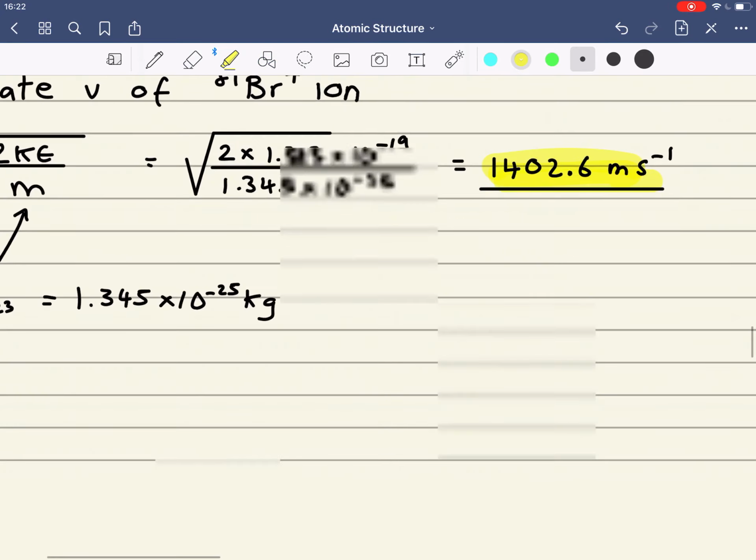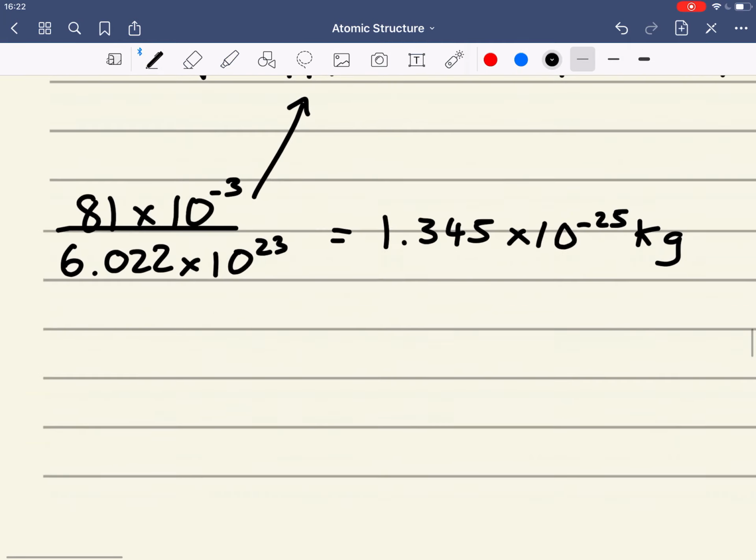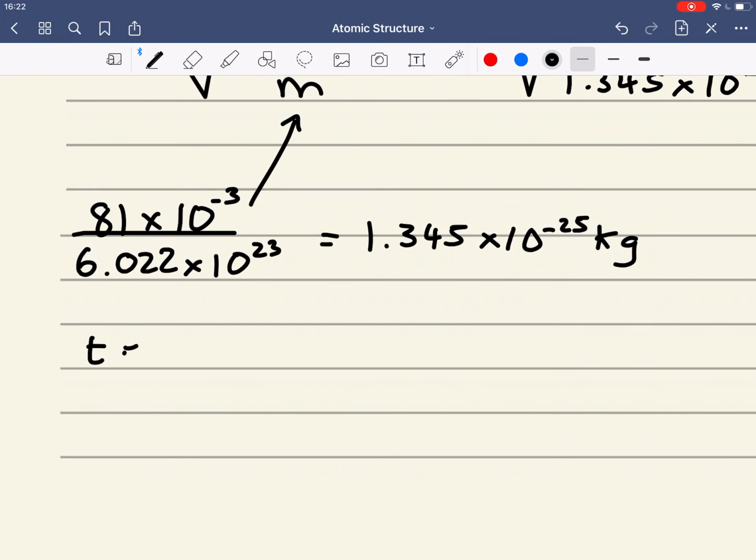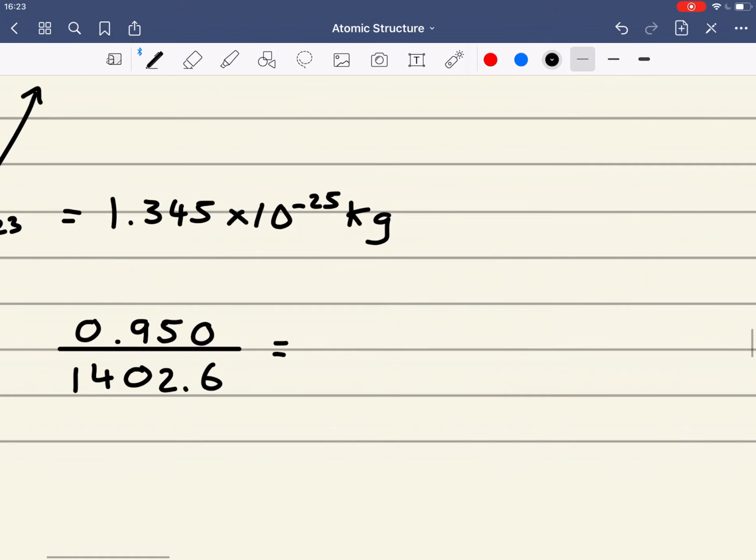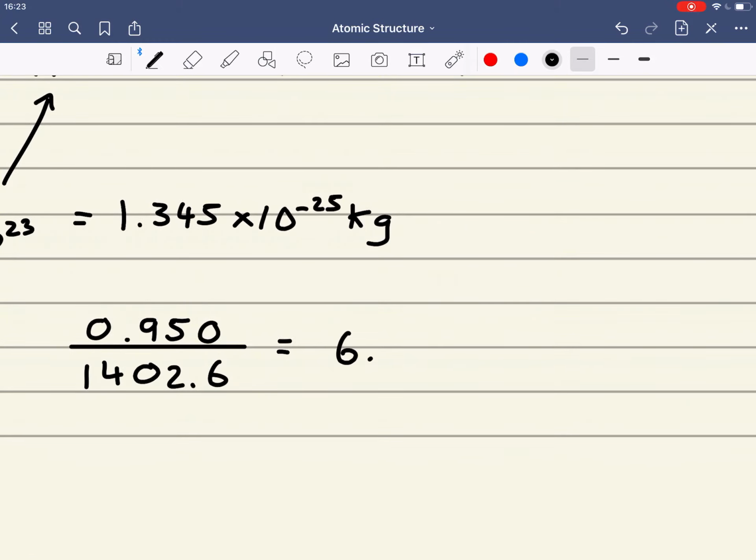So if I now want to work out time, then time is equal to distance over velocity. Well, the distance is 0.950, and that's divided by the velocity, which we just worked out as 1402.6, and that gives me the time value of 6.77 times 10 to the minus 4 seconds.